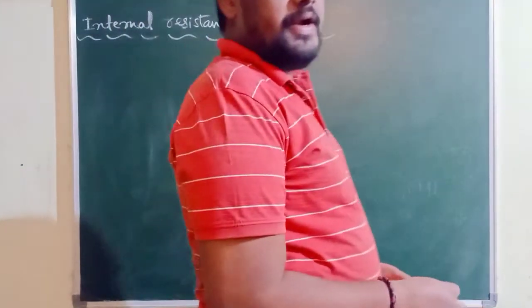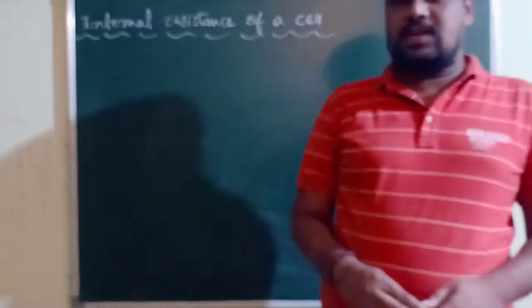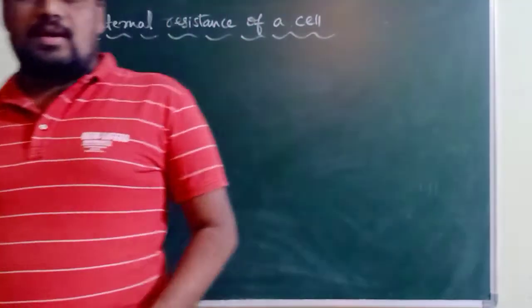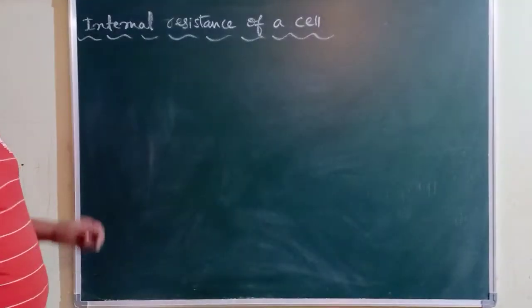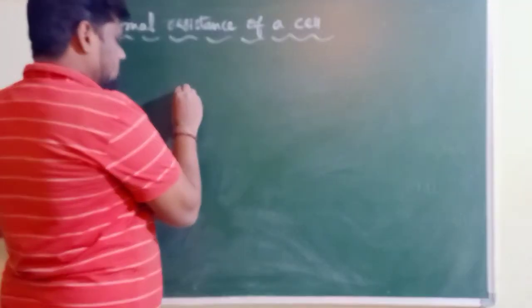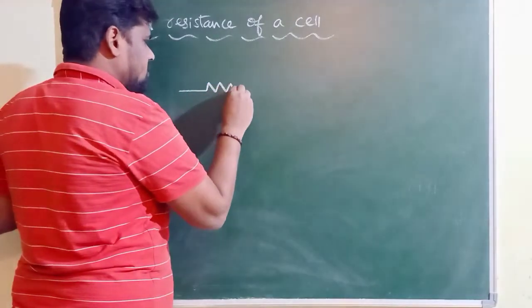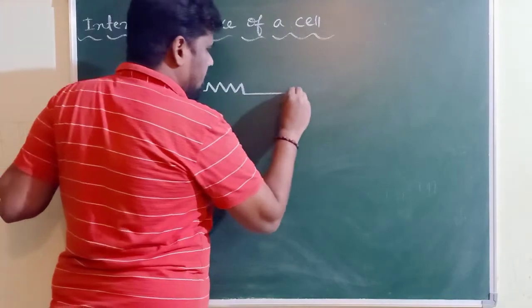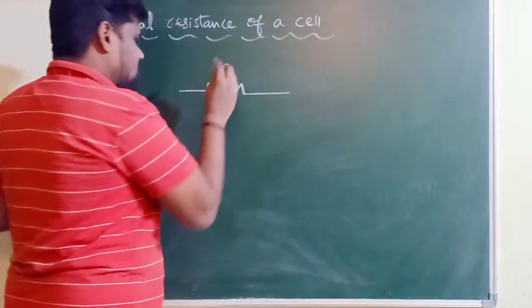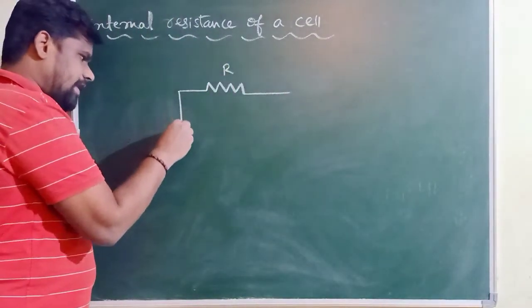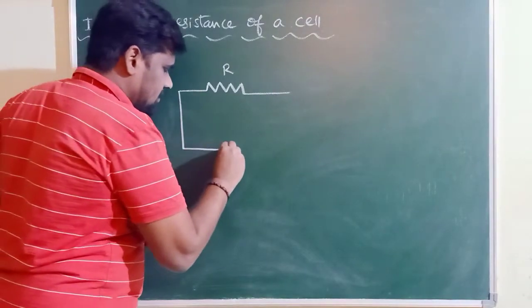In order to understand the internal resistance of a given cell, let us consider a simple circuit. The circuit in which a wire of resistance R is connected across a cell.